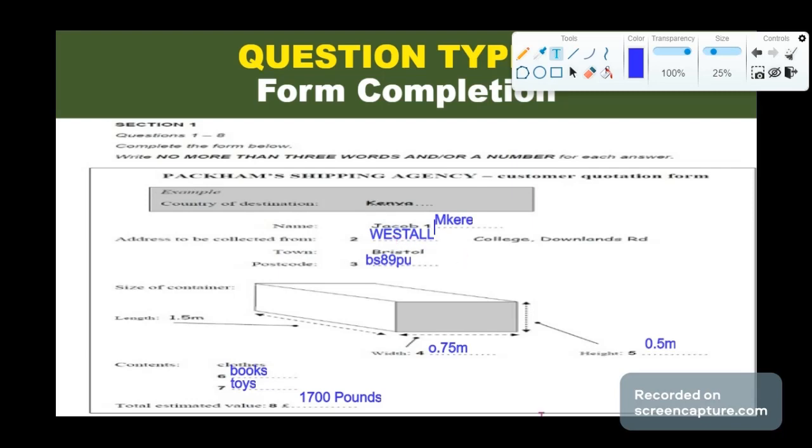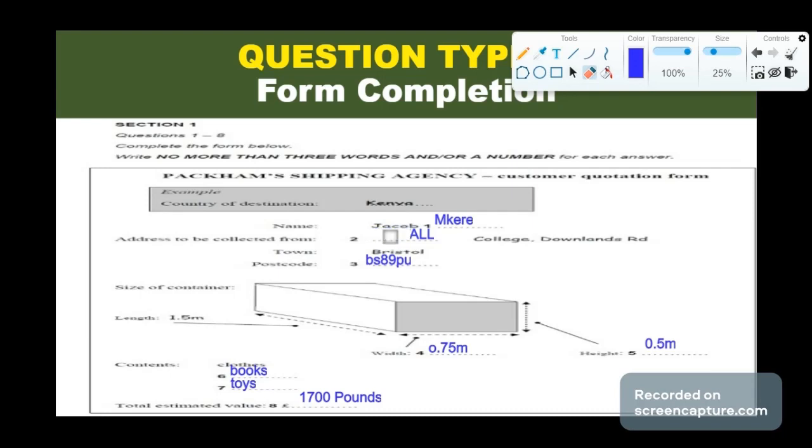Westall? Yes, college. So now let's assume we discover that this is actually correct, but my writing has not really been. I wrote this all in capital letters and I wrote this in. So perhaps I want to make some changes. Then what do I do?